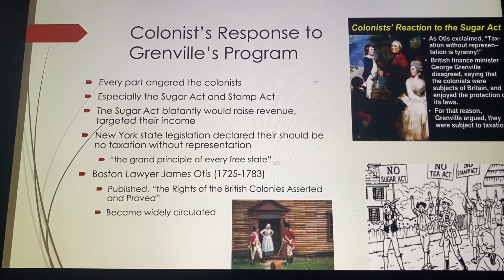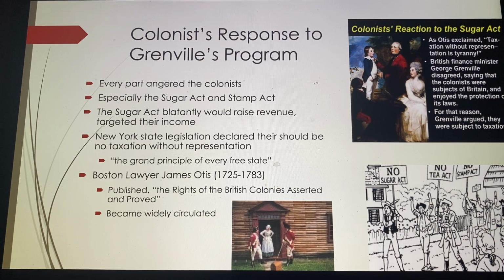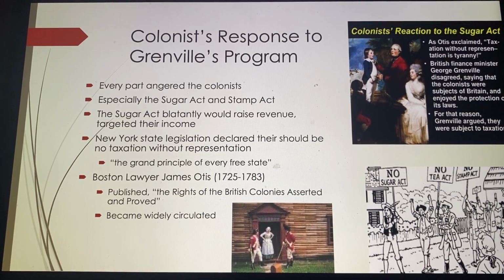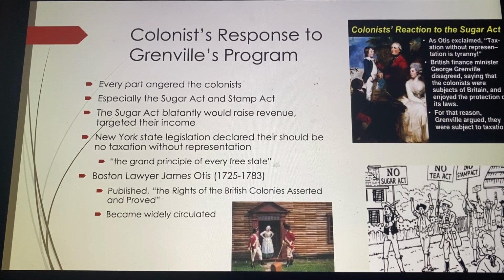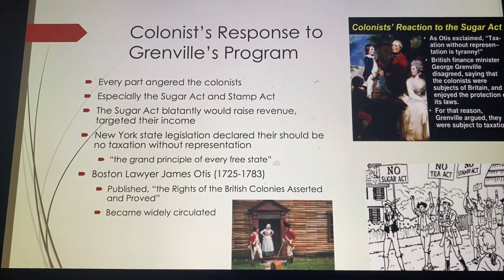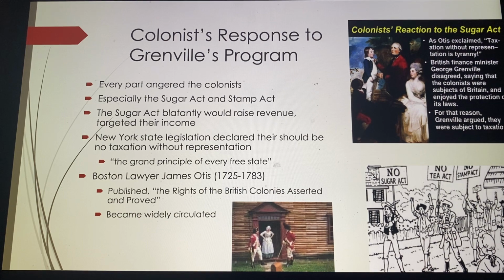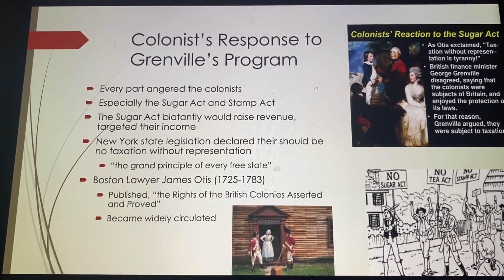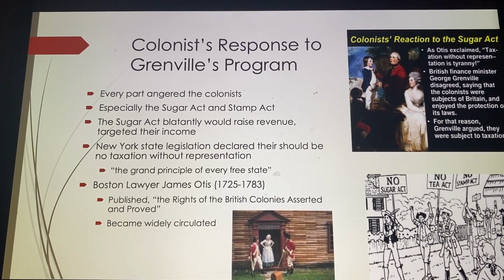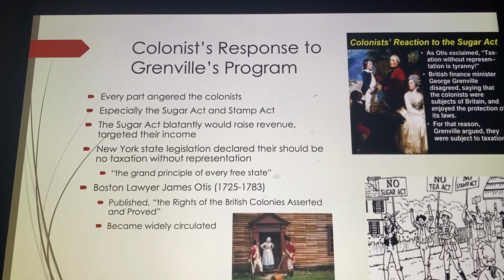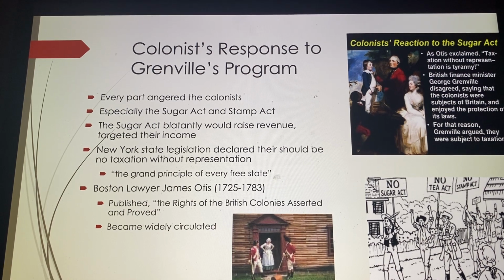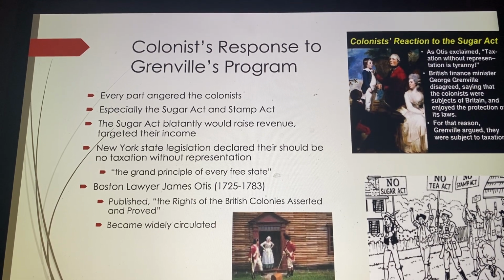This became widely circulated, and most of the colonists could read, and as they read about it, they became even more angry. Otis claimed that taxation without representation is a tyranny. The British financial minister Grenville disagreed, saying the colonists were subjects of Britain and enjoyed the protection of its laws, so we could tax them for whatever we wanted, he was saying.